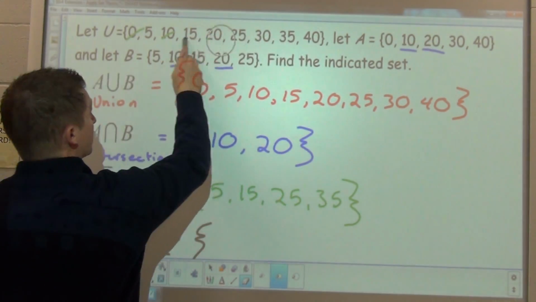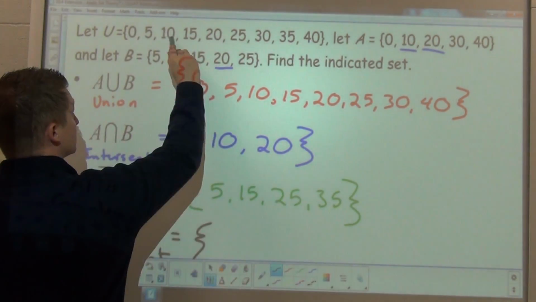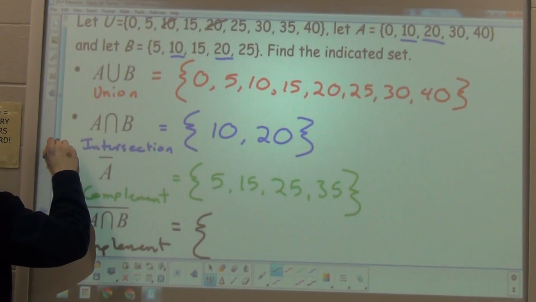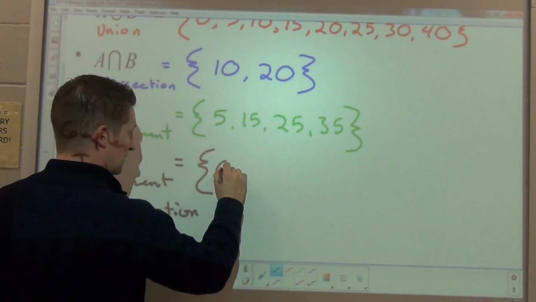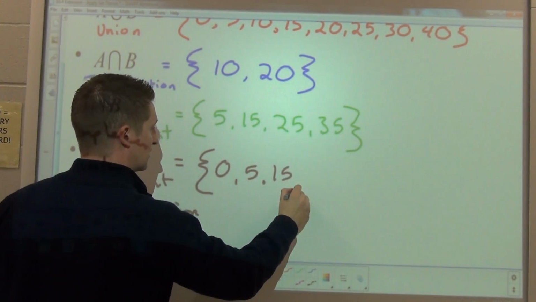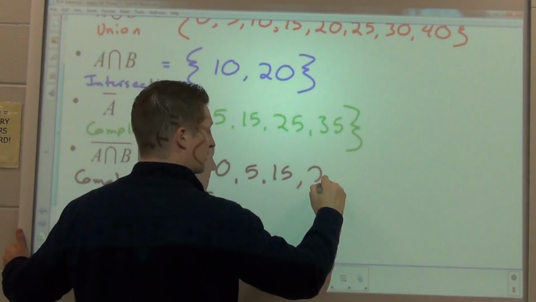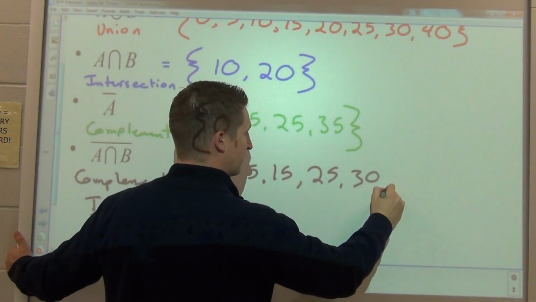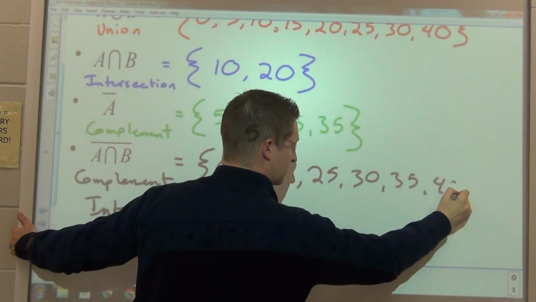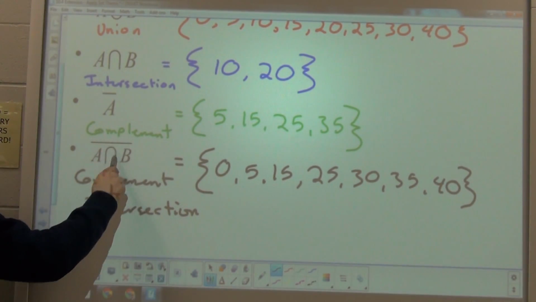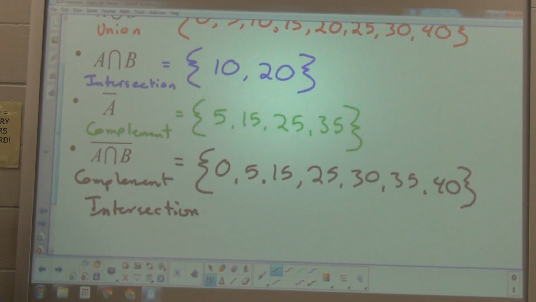It's everything except 10 and 20. So as I write those out, we've got 0, 5, 15, and then we've got 25, 30, 35, and 40. So that would be the complement to the intersection of A and B.